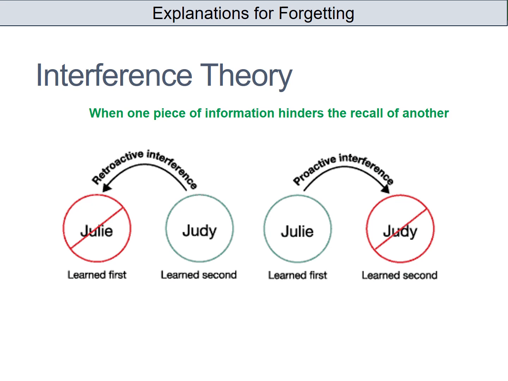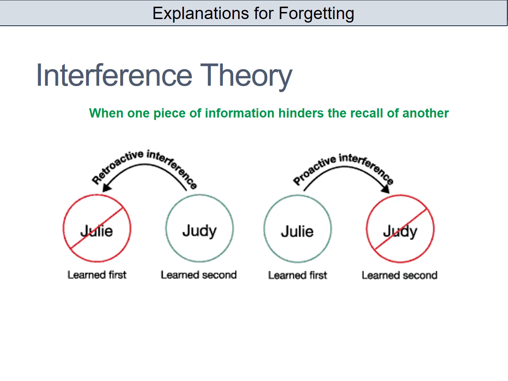So old information interferes with how well you can remember new information. Now, in these examples, the names Julie and Judy, which are the pieces of information you're trying to remember, are very, very similar. This is important for interference theory because the more similar the information you're learning, the more likely it is that one will interfere with the other.